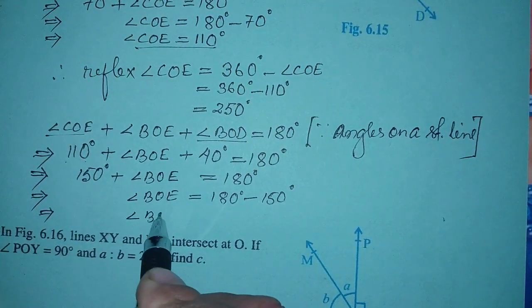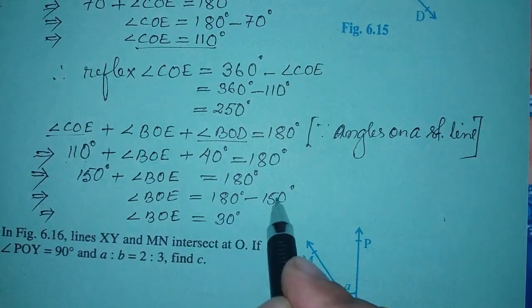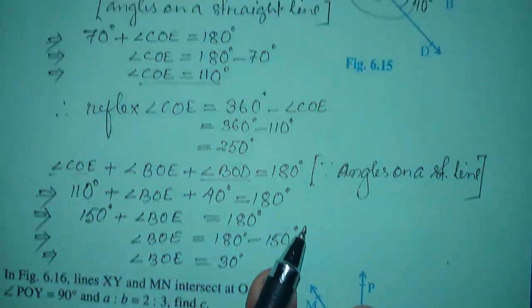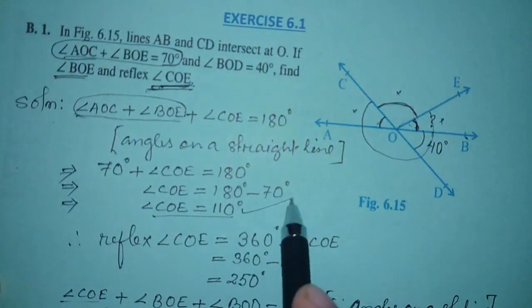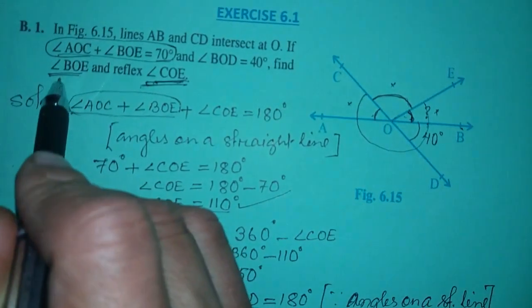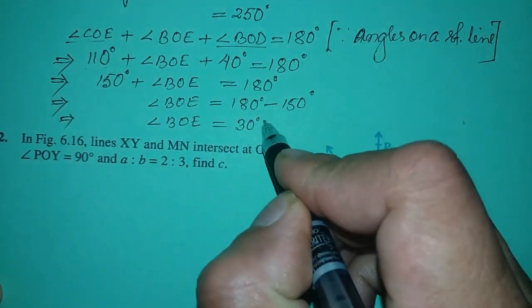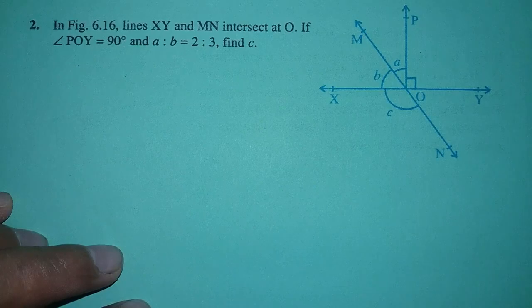Now angle BOE is equal to 30 degree. 180 degree minus 150 is 30 degree. So we have got COE, which is 110 degree, and BOE, which is 30 degree. That is the answer for the first question.